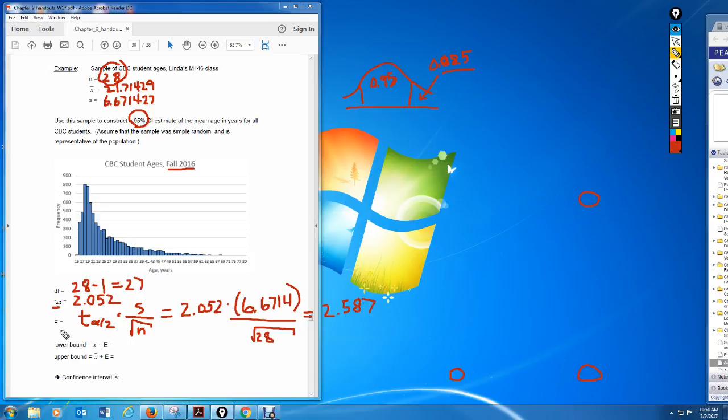And then to calculate the bounds for our confidence interval, just take our point estimate plus or minus that margin of error. All right, I'm just going to come up here and do that where I have a little more room.